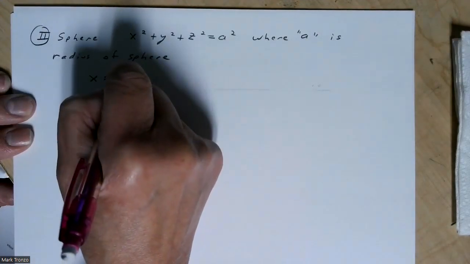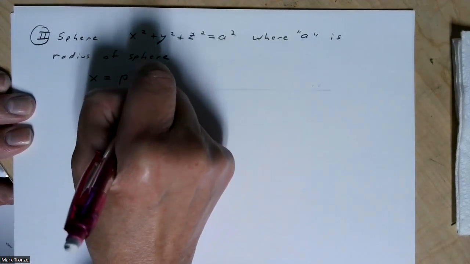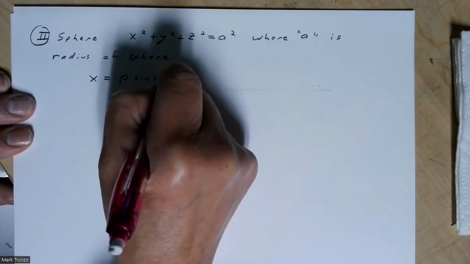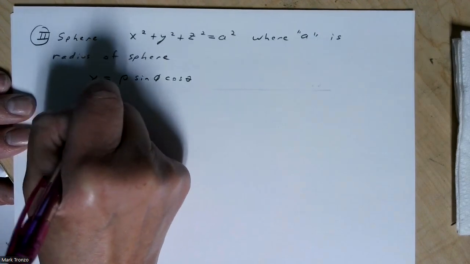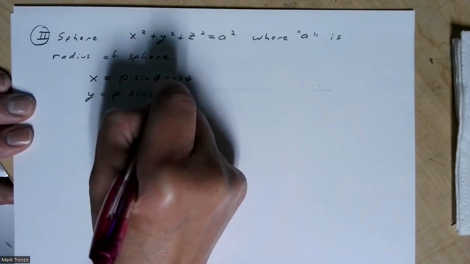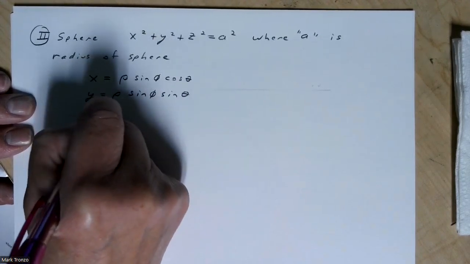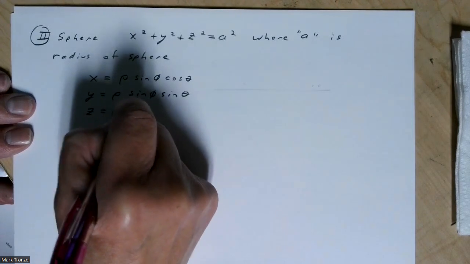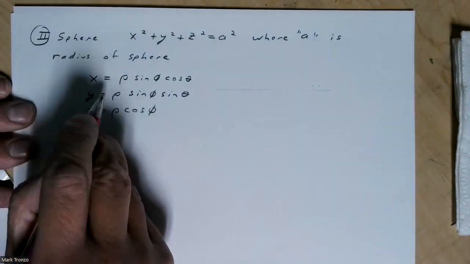You would have x equal rho sine phi cos theta, y equal rho sine phi sine theta, z equal rho cos phi. So that was spherical coordinates.